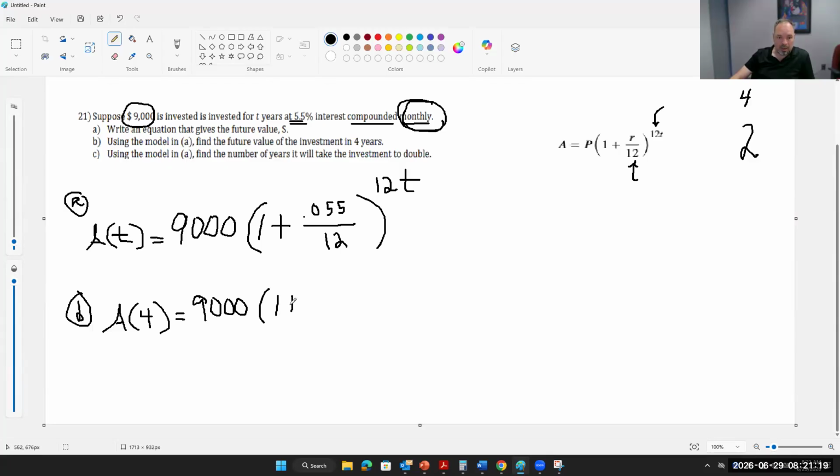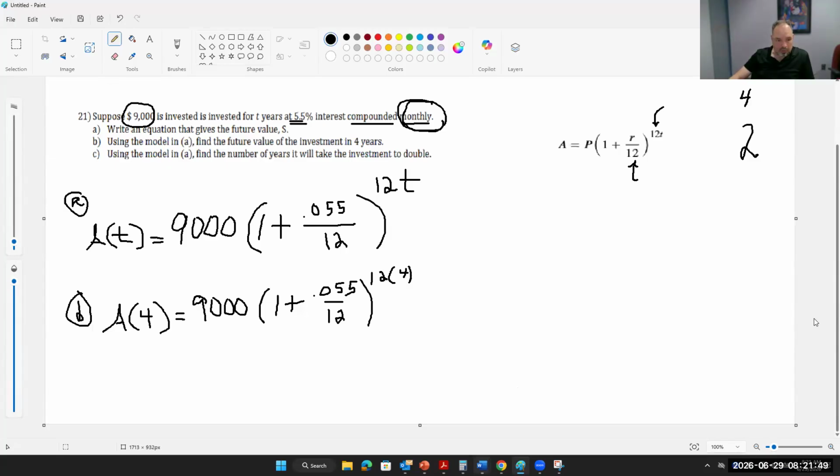So I'm just going to choose to leave it this way. And we're going to plug in a 4 up here. And then we'll know what the future value is.